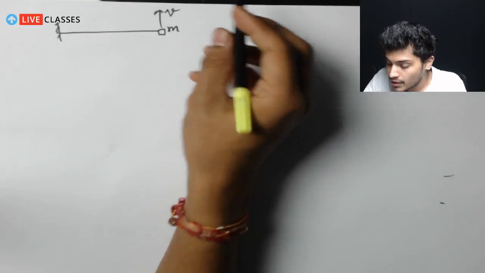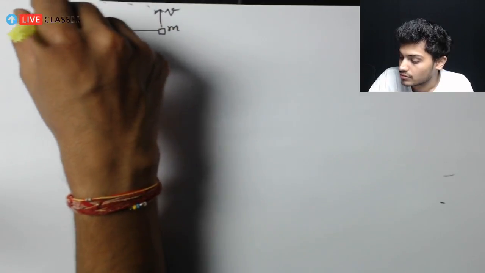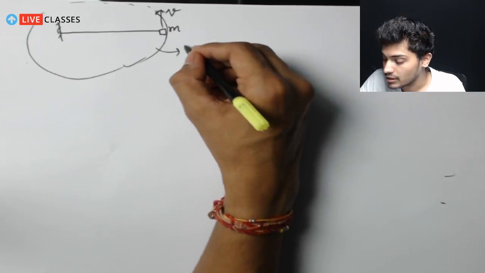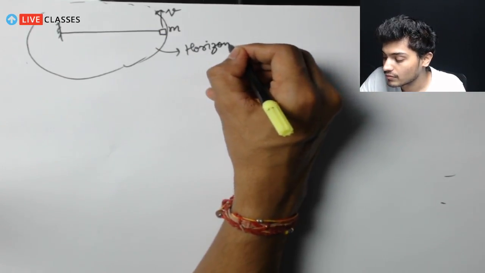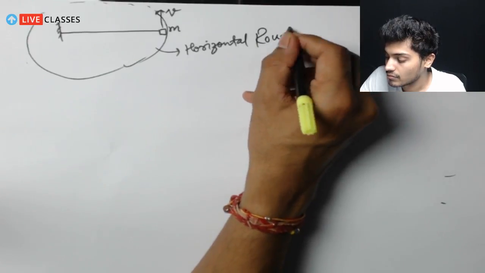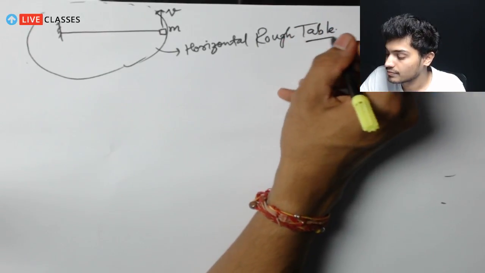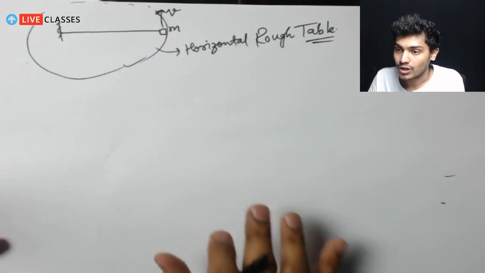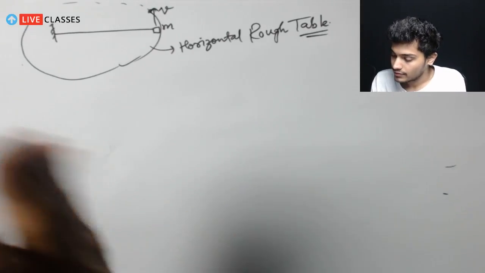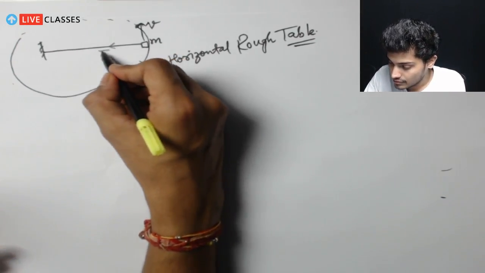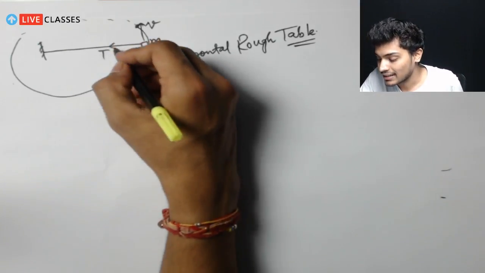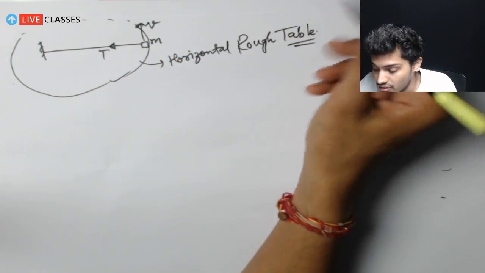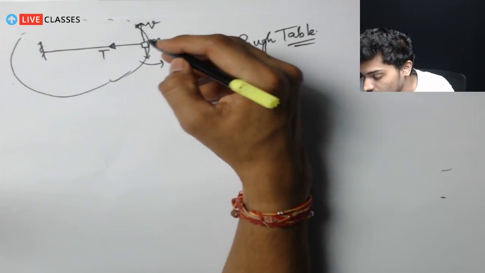Now what will happen? It will perform some circular motion, and it is kept on a horizontal rough table. The tension in the string will act as a centripetal force, right? And what about friction? Friction will act in this direction in this case.